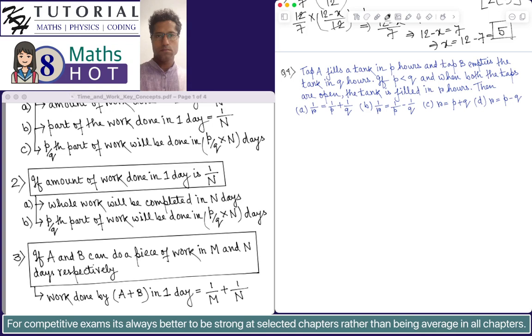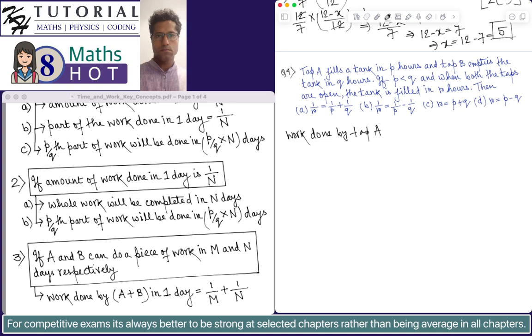Okay. So tap A fills a tank in P hours. So we can say that the work done by tap A, since tap A is filling the tank, will be positive.